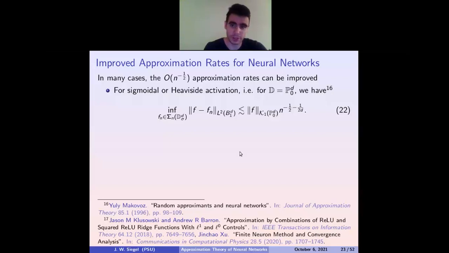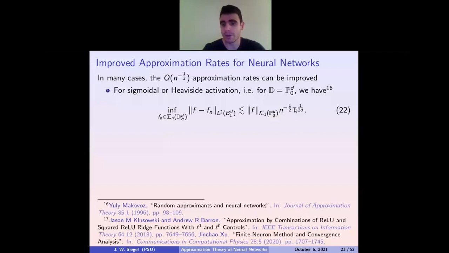The first result of this type was by Makovoz, and he showed that if you look at neural networks with a Heaviside activation function, the convex hull of sigma of omega dot x plus b for sigma being the Heaviside, then in this case you can improve that rate from n to the minus 1/2 to n to the minus 1/2 minus 1 over 2d.